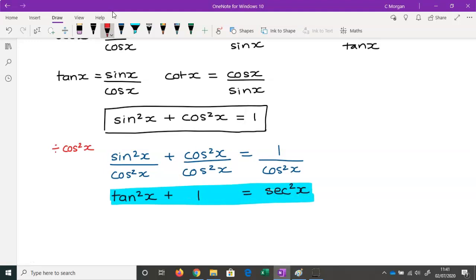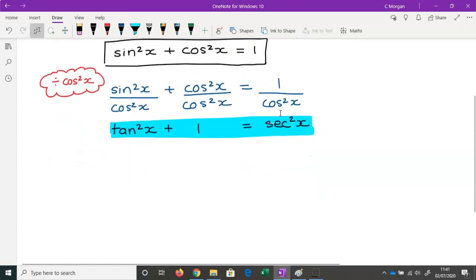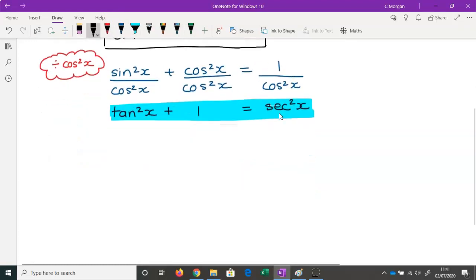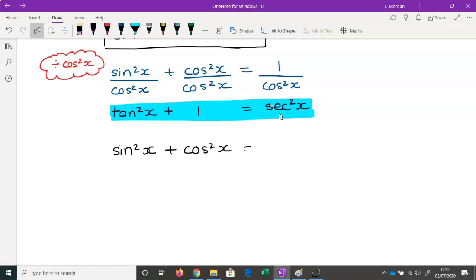The thing is, we didn't just have to divide through by cos squared x. We could have divided through by sine squared x if we'd have chosen to. So let's see what happens if we did that instead. So I'm going to start off with my identity that I know and love. Sine squared x add cos squared x is equal to, or equivalent to, 1.